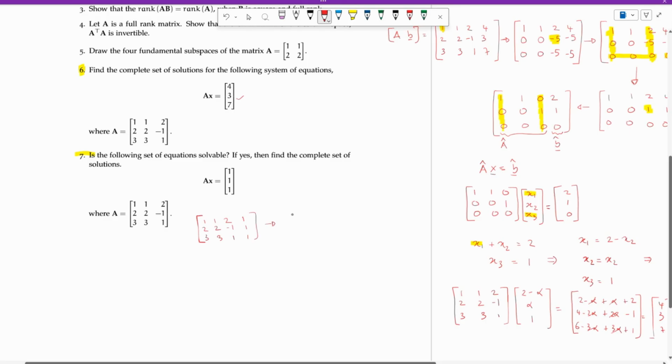When you get it to the row echelon form, what do you get? 1, 1, 2, 1. Is that correct? Okay, all right.